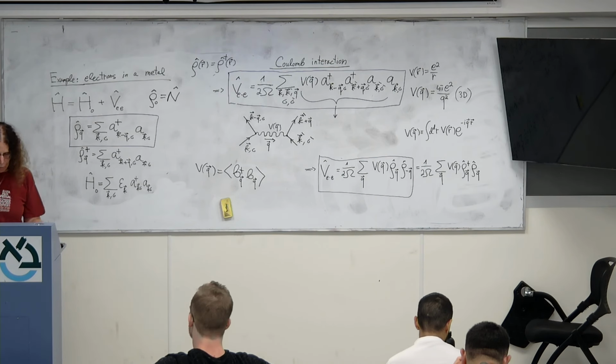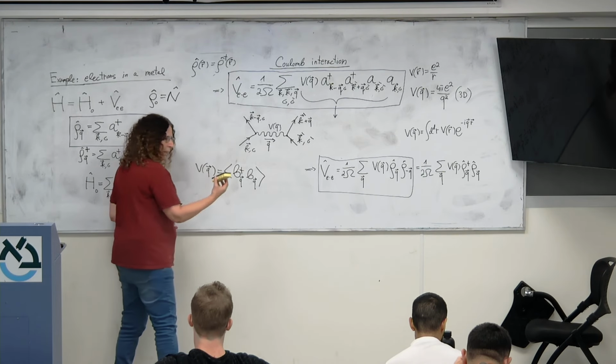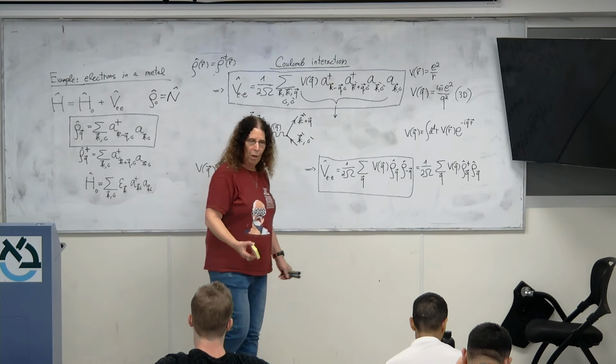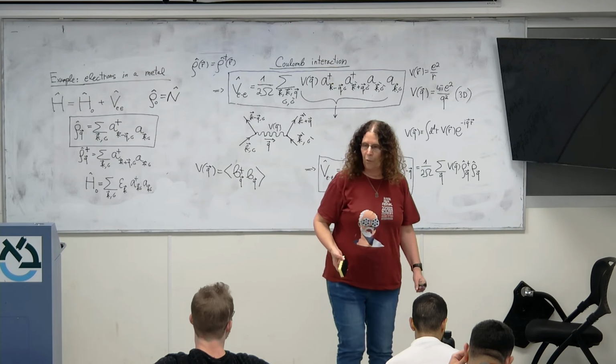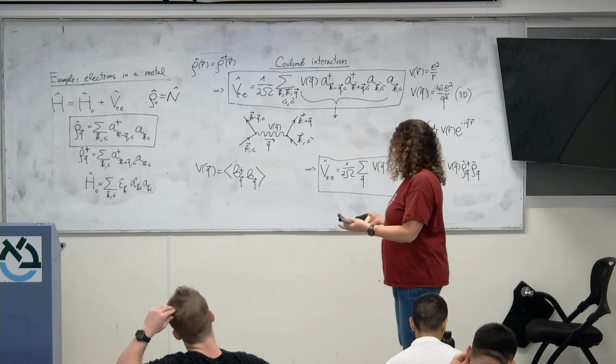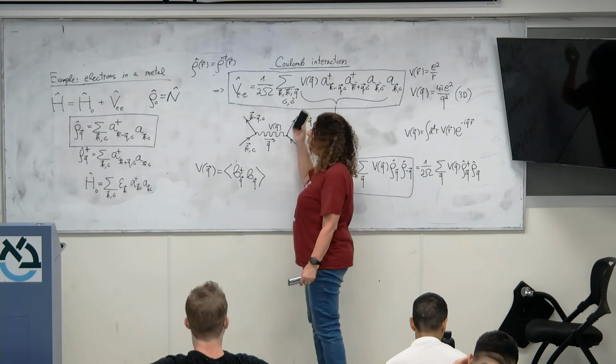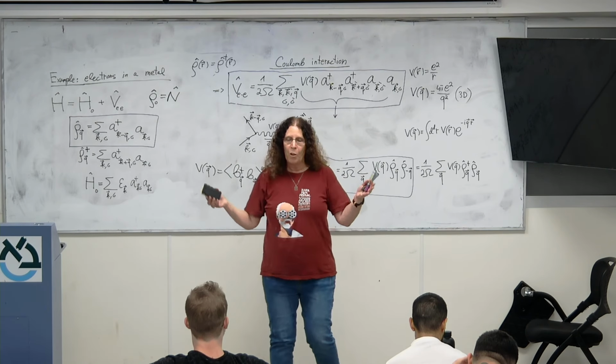The last thing I want to do today is to give some guidelines of how we are actually going to do calculations of the forms I'm talking about, which is, for example, to compute the expectation value of such an operator in a Fock state.